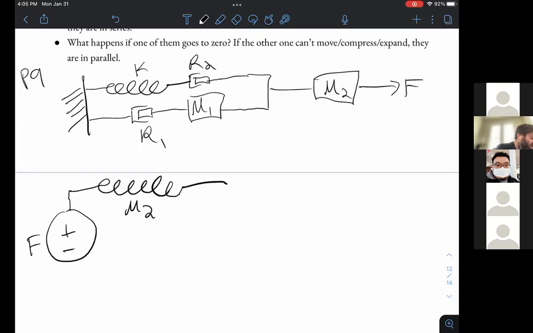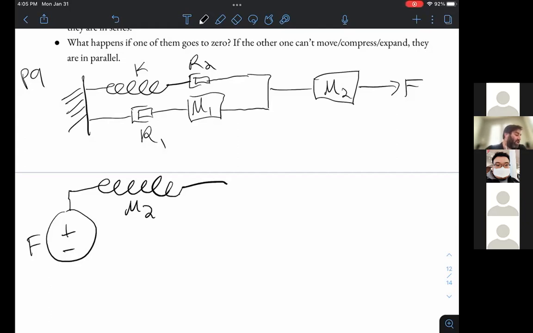Could any of those other ones move if M1 can't move? My intuition here says that if any one of these elements goes to infinity, the whole system can't move. Oh, I like that intuition. That would mean they're all in what, Corey? Series, but I don't know if that's right. Let's walk it through.